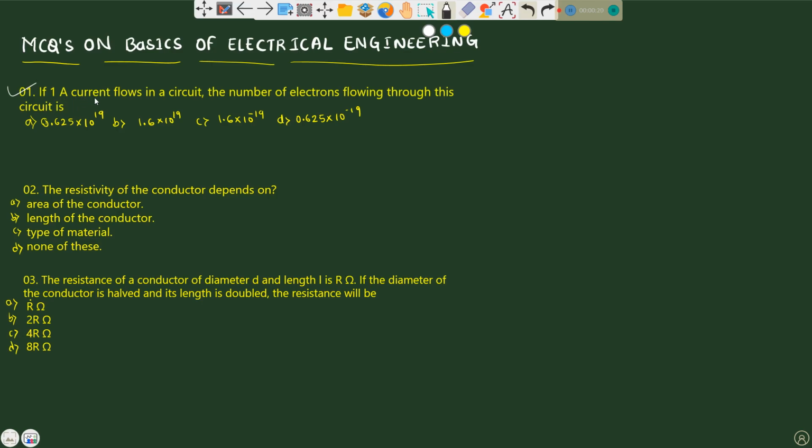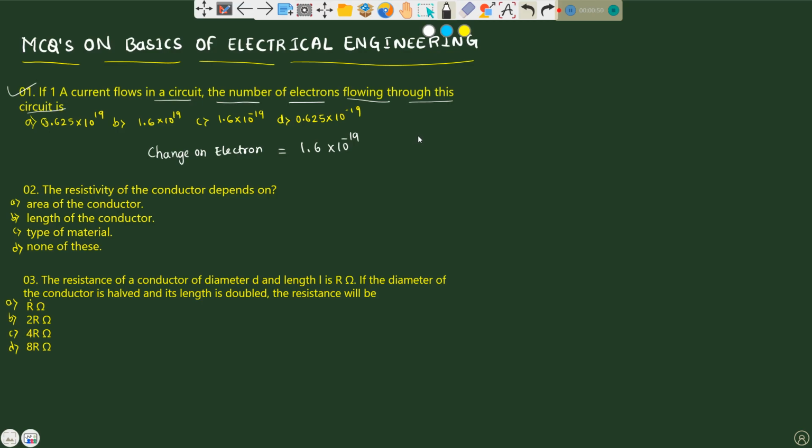If 1 amp of current flows in a circuit, the number of electrons flowing through this circuit is how much? So the number of electrons flowing through the circuit is what they are asking. We know that the charge on one electron is 1.6 into 10 raised to minus 19.